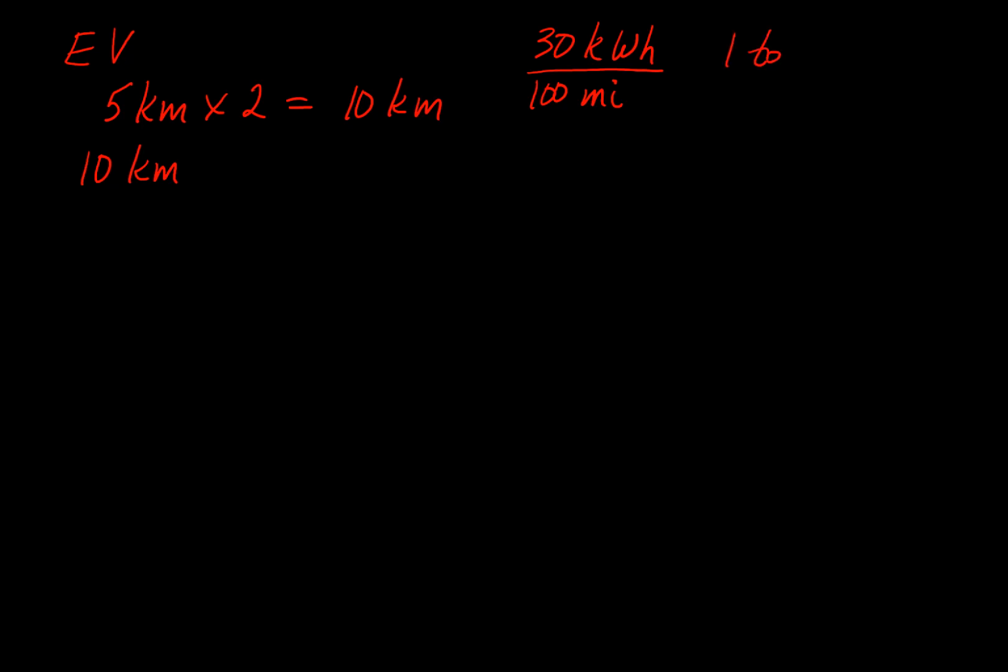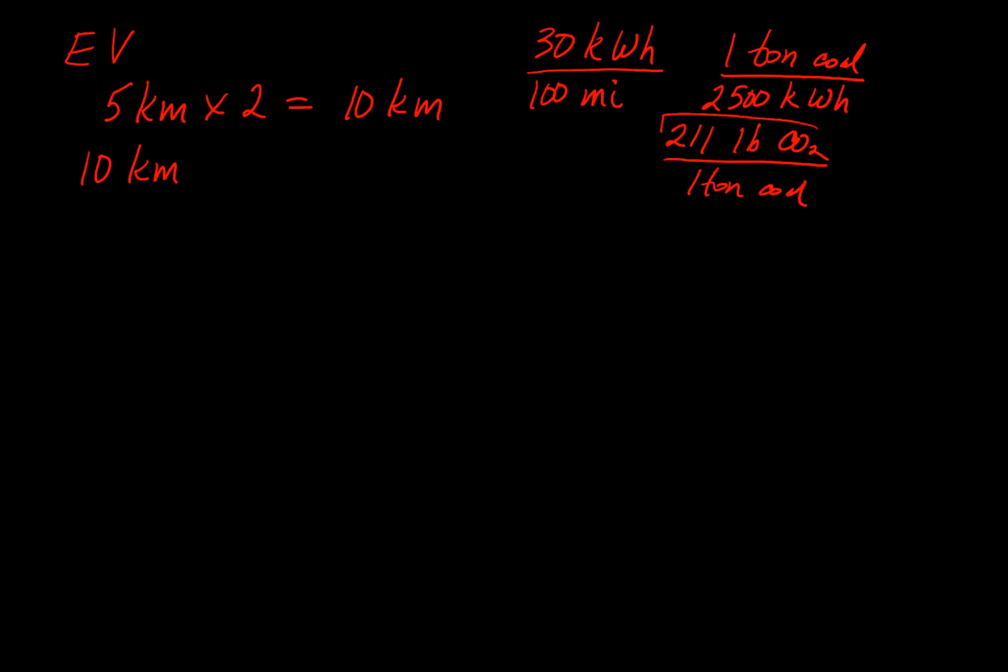So for 1 ton of coal burned, you get 2,500 kilowatt hours of electricity produced. And then you're also given information about CO2 emissions from 1 ton of coal. You get 211 pounds of CO2 emitted for every 1 ton of coal that's burned. So this is information you know. You've got these 3 conversion factors.